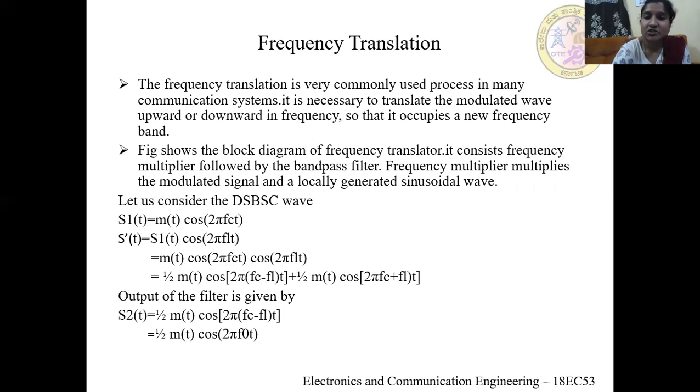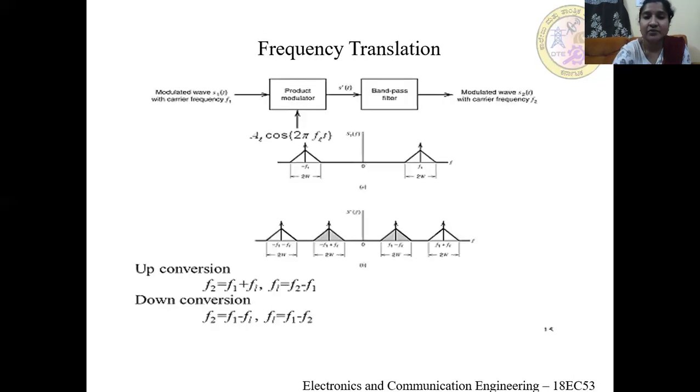So the above figure shows the block diagram of a frequency translator. It consists of a frequency multiplier followed by the band pass filter. The frequency multiplier multiplies the modulated signal and a locally generated sinusoidal wave.